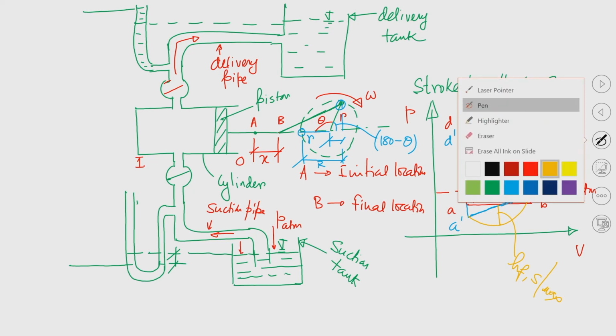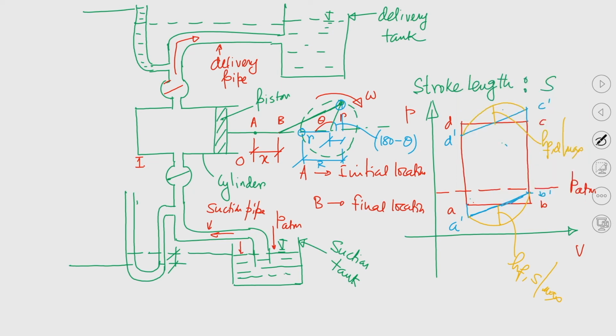Okay. So, basically if I give the names, using another color, say green color, A prime, E, B prime, C prime, E d.